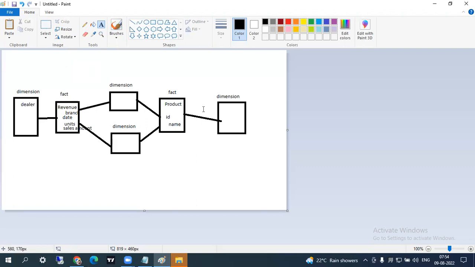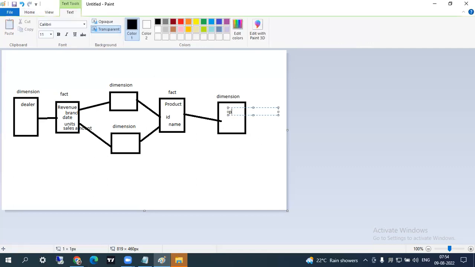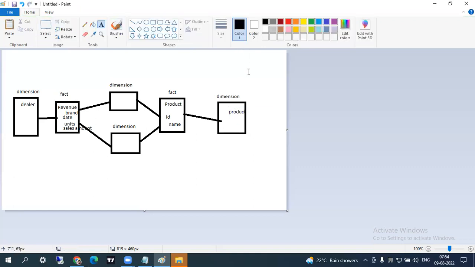For product, again, you will capture variant ID, model ID, product name, and all in this dimension table. So here, dimensions are being shared by the facts.